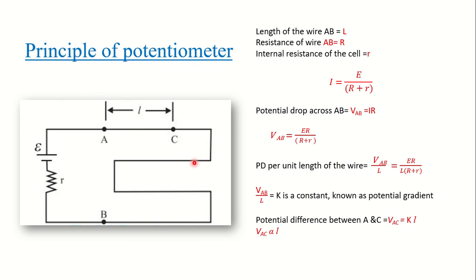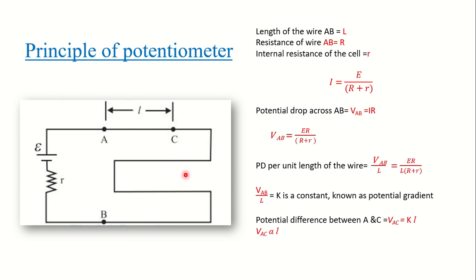That means the potential difference between any two points of the potentiometer wire is directly proportional to the length of the wire between those two points. That is the principle of potentiometer.